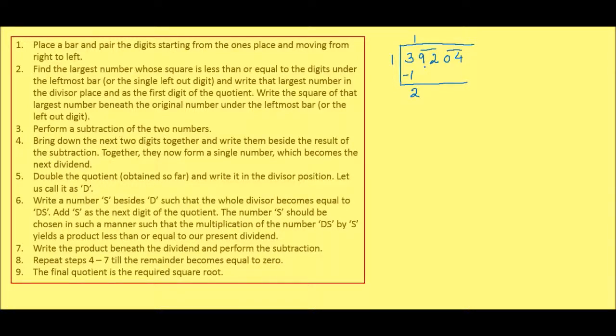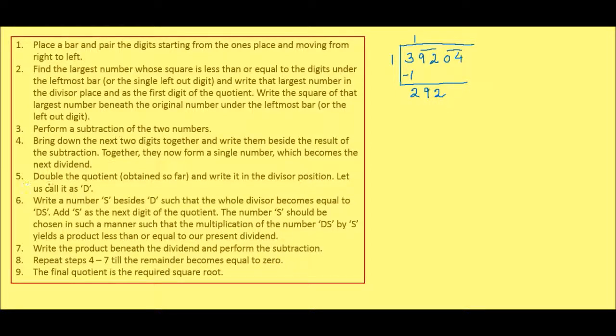So we will be writing these 9 and 2 beside this 2. Together they now form a single number. This becomes 292, which becomes our next dividend.